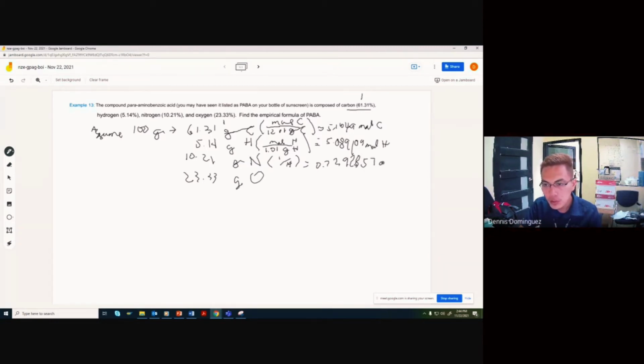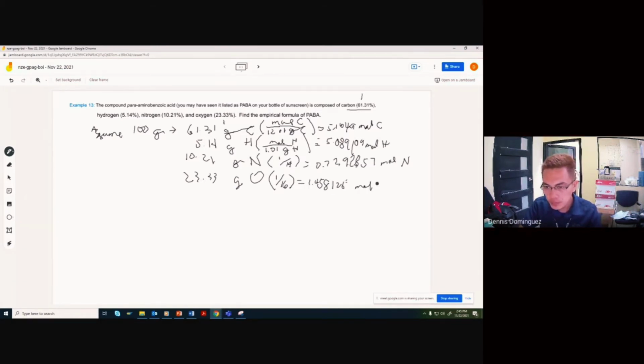You can also calculate it at home, at your tables now, to check whether the calculation is correct or wrong. For oxygen, multiply by 1/16, because there are 16 grams of oxygen per mole of your oxygen. So 23.33 divided by 16 is around 1.458125 moles of your oxygen.